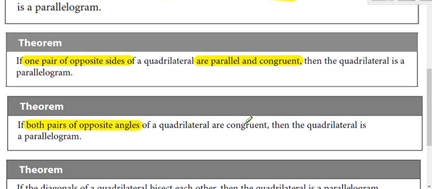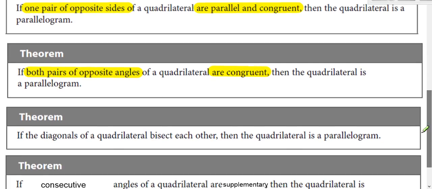If both pairs of opposite angles are congruent, then it's a parallelogram. If the diagonals bisect each other, then it's a parallelogram.